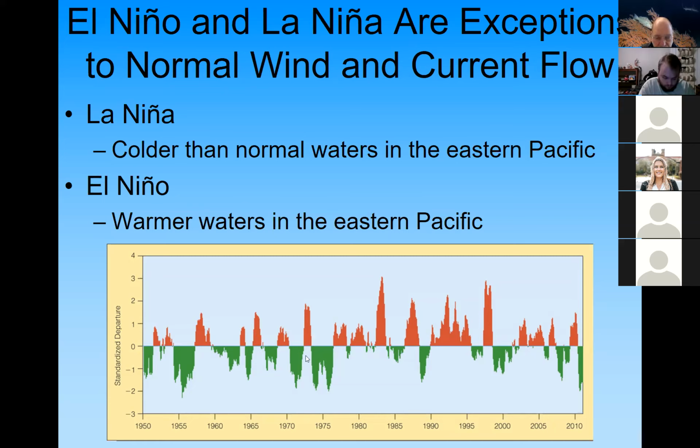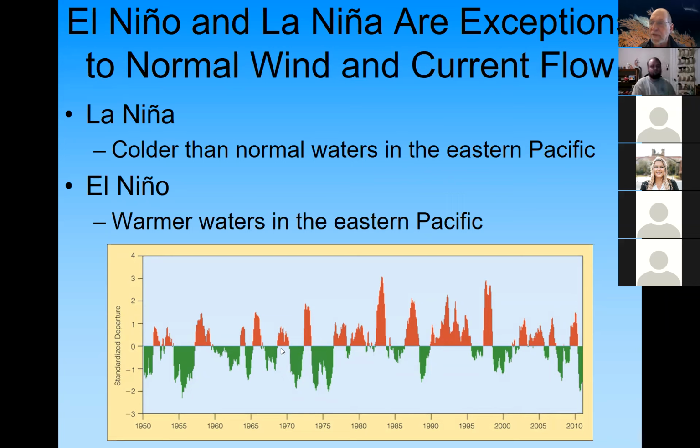And there was a pronounced period of La Nina here around 1973. So there had been a long La Nina effect, and then we had a strong El Nino year in 1973.